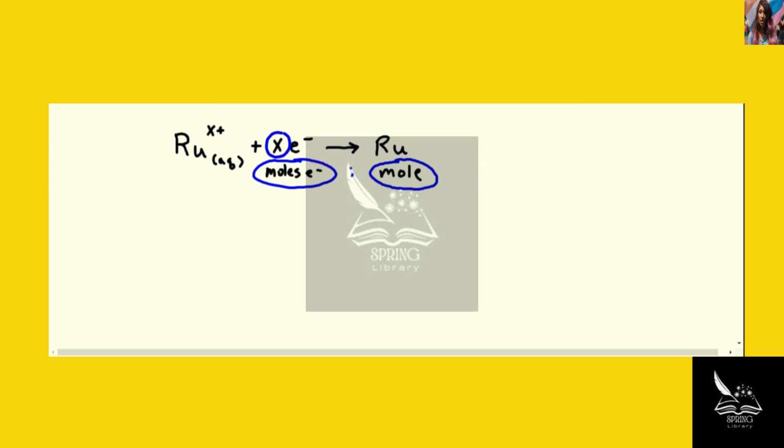The moles of ruthenium is pretty easy. Let me start with that first, because we know we have 2.618 grams of the ruthenium, and we can divide by molar mass to get moles. So the molar mass of ruthenium is 101.1 grams in every mole.